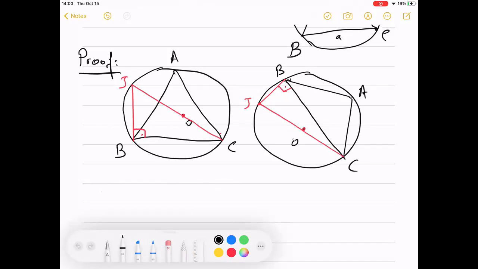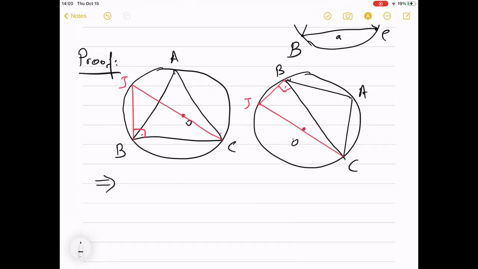Now the angle at B in both pictures is 90 degrees, so the angle at J is equal to the angle at A, because they subtend the same arc. So this is equal to A. But on this side, they don't subtend the same arc.